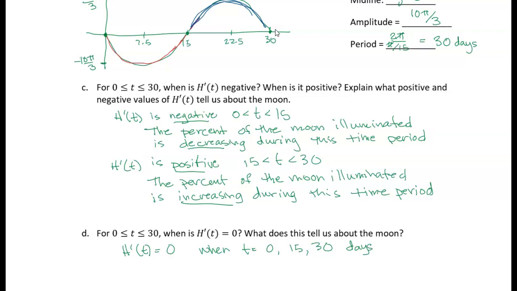Okay, so what's that telling us? That anytime you're crossing 0, well, in this case, we're going from increasing to decreasing, or decreasing to increasing, right?